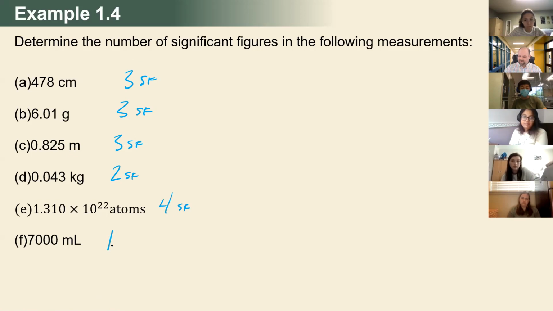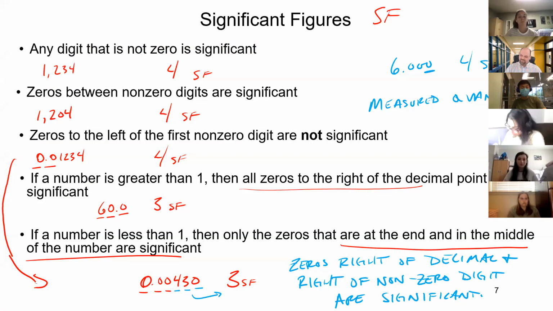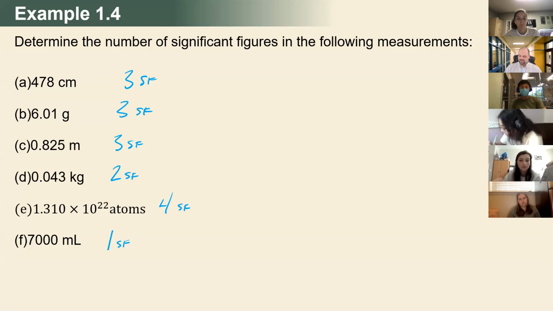Yeah, so this one is just one sig fig. This one is a bit confusing. Let me roll back to our rules. Any digit that's not 0 is significant, and zeros that are between non-zero digits are significant. If a zero is not between two non-zero digits, then it's insignificant. And so just the 7 there is our significant figure.